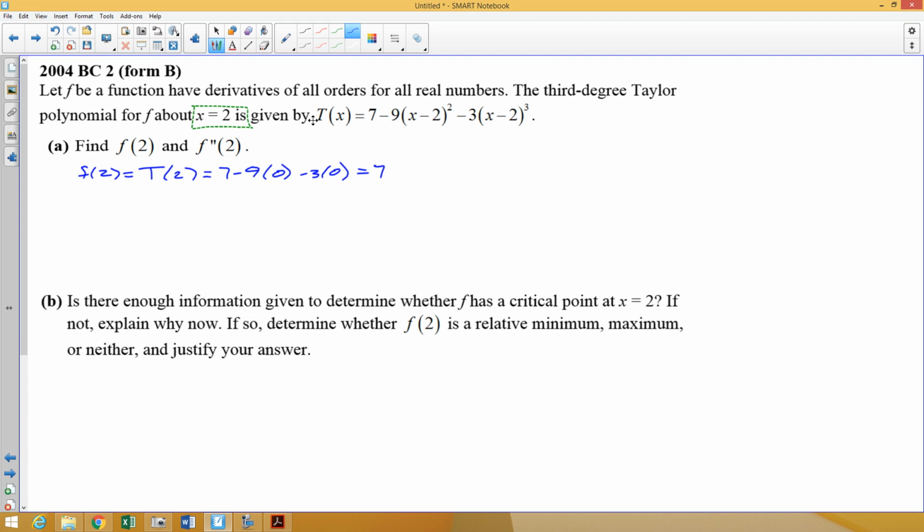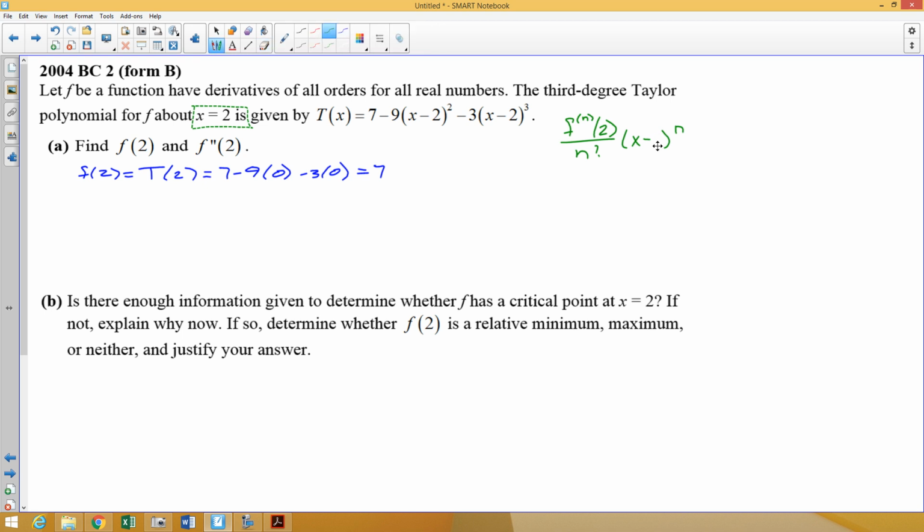For f double prime of 2, there are two ways you could do this. Because the Taylor series is exact at the center, you actually could find the second derivative of T and plug 2 into that. However, a quicker way is to remember that the coefficients of a Taylor series are found by the formula: the nth derivative of f at the center, which in this case is 2, over n factorial, times x minus a to the n.